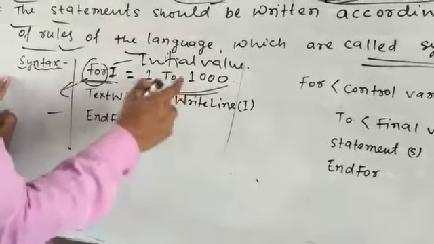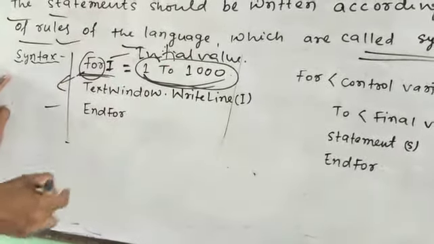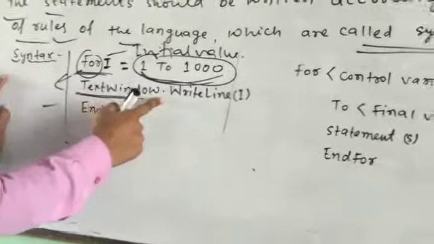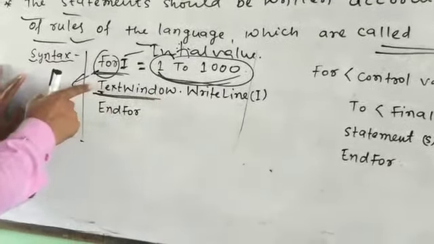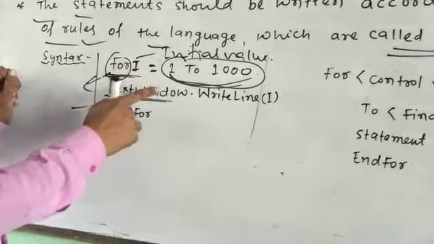This is the looping number we want to display after running, and then this is TextWindow.WriteLine, with T in capital letter. This is a case sensitive statement.